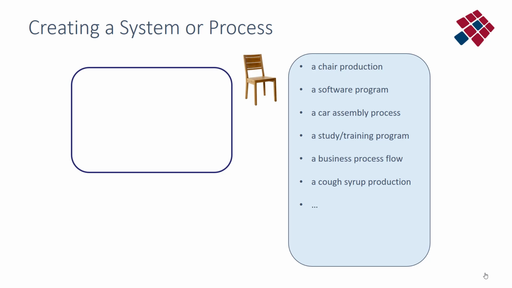Suppose, for instance, a chair, a software program, a car assembly, composing a study or training program, a business process flow, or a cough syrup production. 6 totally different examples of systems that we could produce or manufacture. And so they give you quite an idea about what the issues are, what the kind of modules are, the issues in the modular structure.